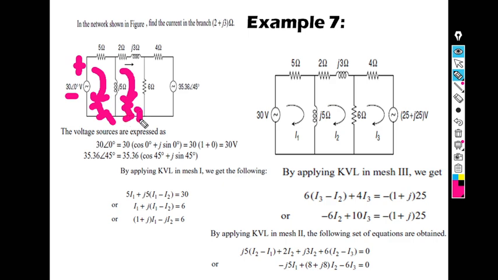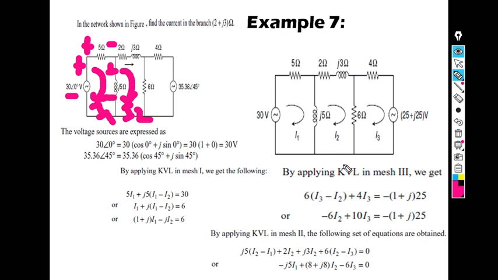And what I said is that for a passive component, the main primary loop current will enter from the passive component's plus and leave from minus. So these two are passive components, so I am marking this plus, this minus, this plus, this minus, right?